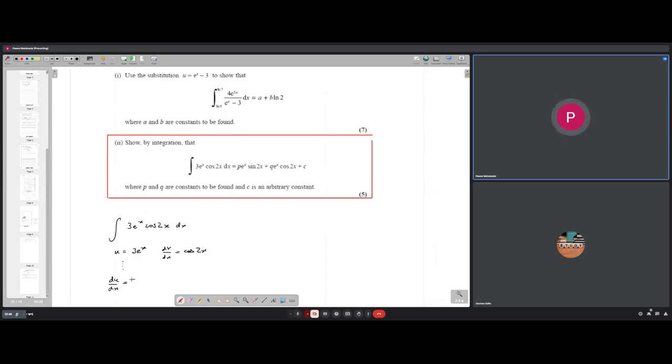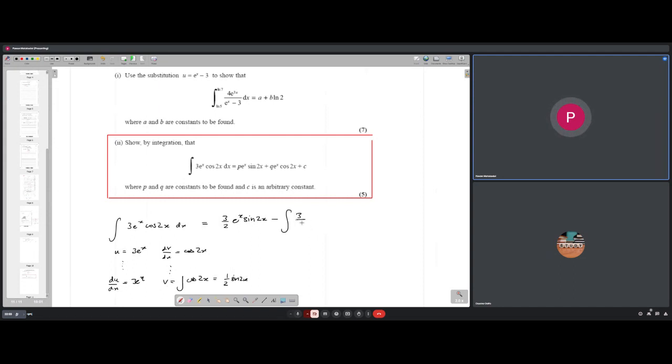So du over dx would just be 3e to the x. And v would just be the integral of cosine of 2x, so that would be half of sine 2x. So you would have u times v, which is 3 over 2 e to the x sine 2x, subtract the integral of du over dx times v.